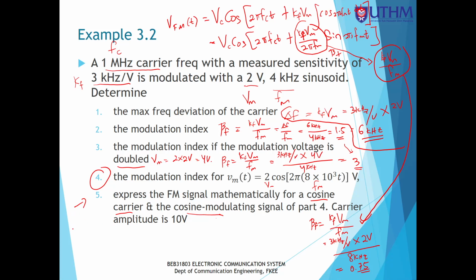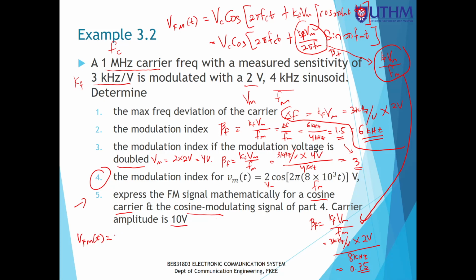So therefore V FM(t) is equal to, we can put inside the equation the given parameters. So Vc, the carrier amplitude, is given as 10.